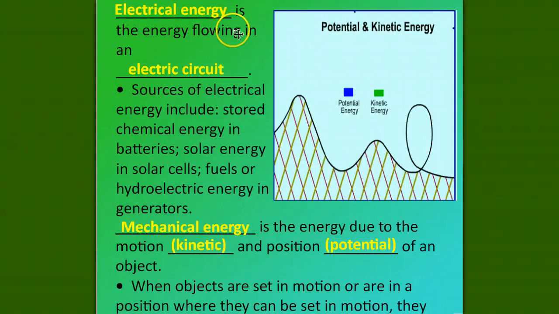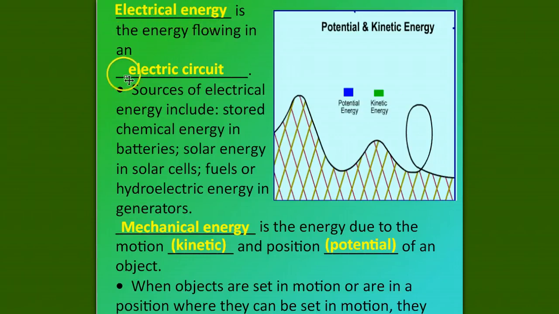Electrical energy is energy flowing in an electric circuit. Electrical energy, electric circuit. They both start with an E. That sounds like a no-brainer to me. That means it shouldn't be very hard to remember.